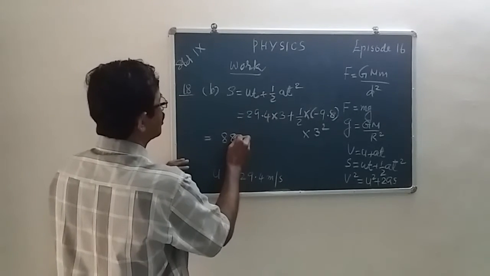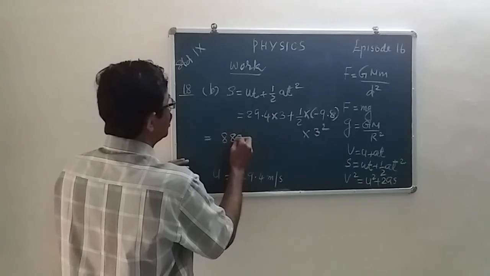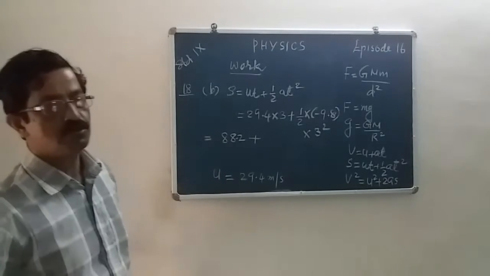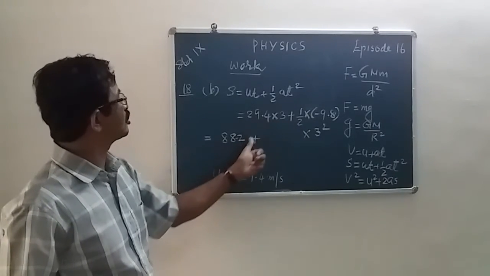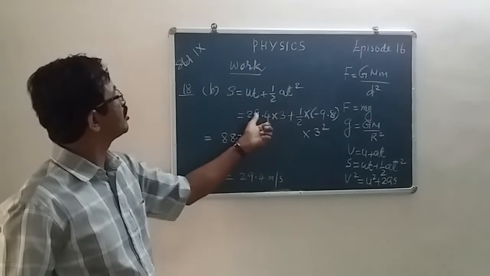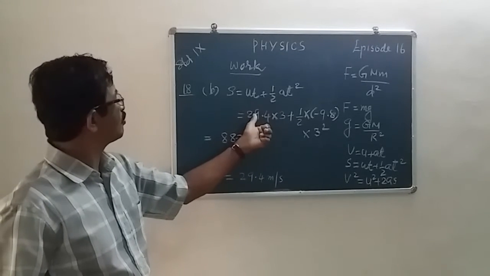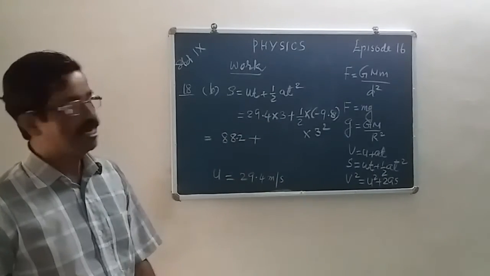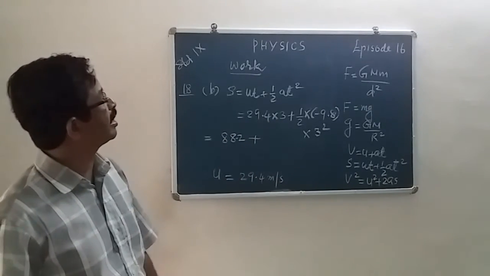Put the decimal. That is 88.2. Once again, 3 times 4, 12. Balance one. 3 times 9, 27, plus that one, 28. Balance 2. And this 88.2 will come here.